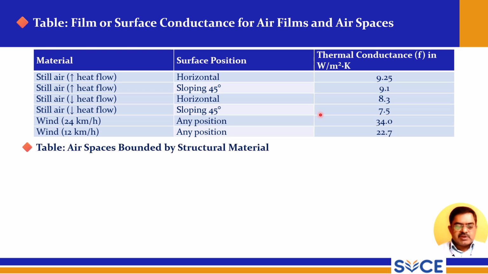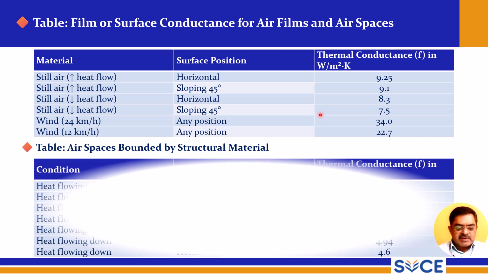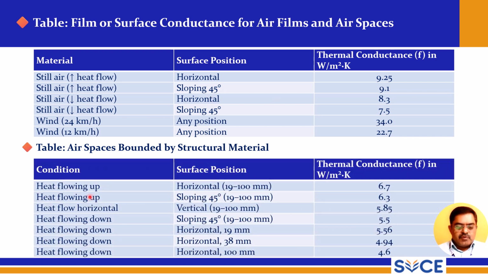So airspaces bounded by structural materials. So here heat flow up, that is horizontal, it is having 6.7, heat flow up, that is sloping, and heat flow horizontal, vertical, and heat flow down, that is sloping 45 degrees, heat flow down, and at different surface thicknesses, that is horizontal 19 millimeters, horizontal 38 millimeters, horizontal 100 millimeters.